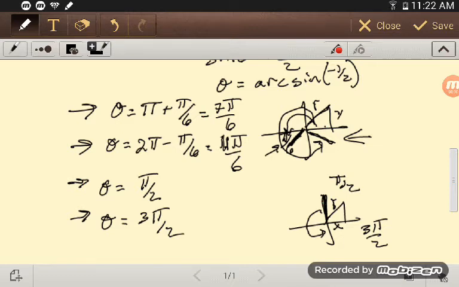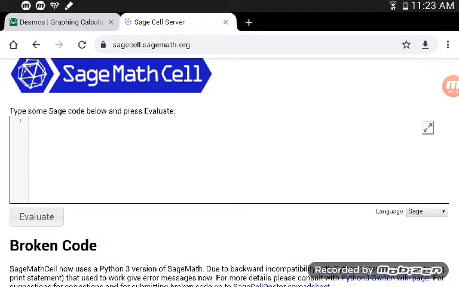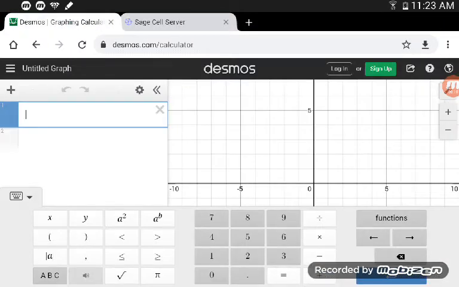Now, if you have a little trouble with the trig on that and so forth, well, we could go here, not Sage Cell at this point, Desmos, and on Desmos, I could plot that derivative.